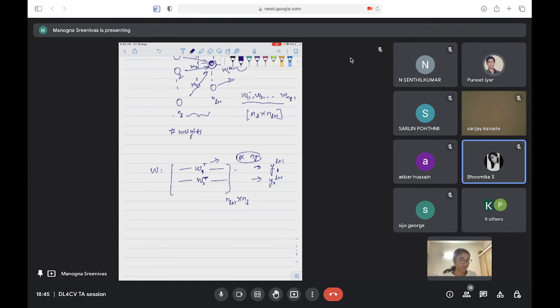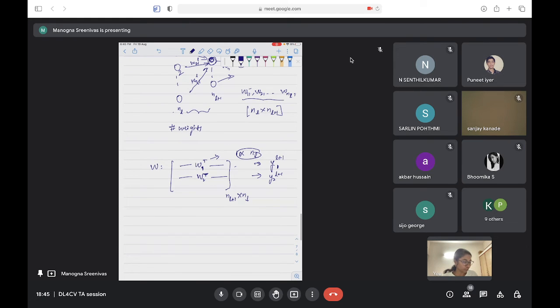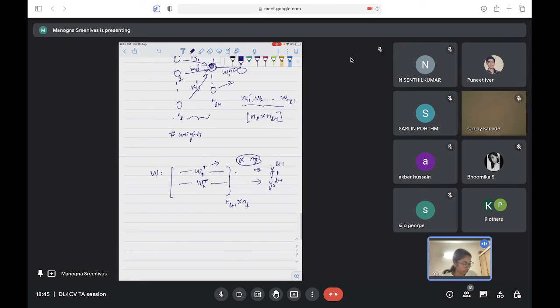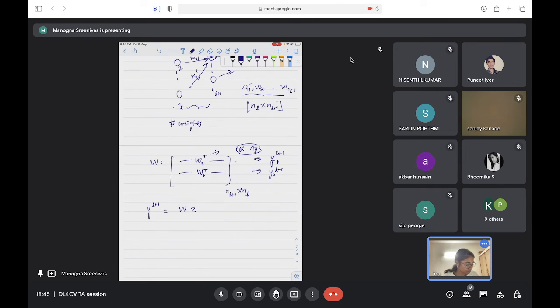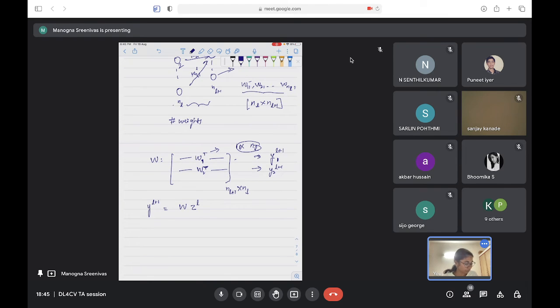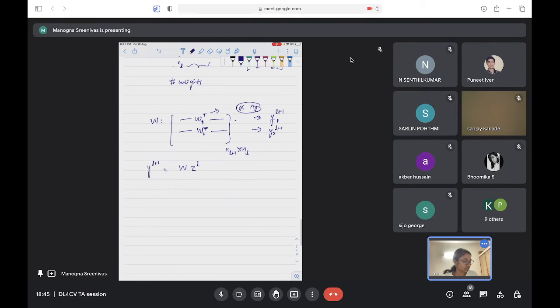Yes, ma'am. So what I am actually doing is, to get my new vector output at layer L+1, I am multiplying this with Z at L. Why am I writing this as Z? Why is it not Y? What is the difference?